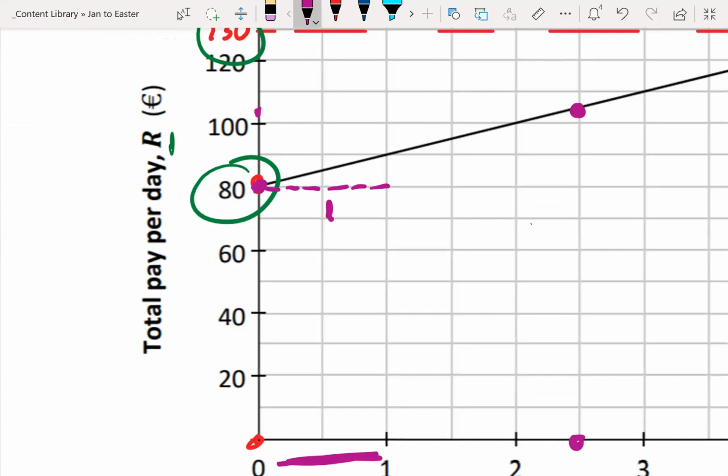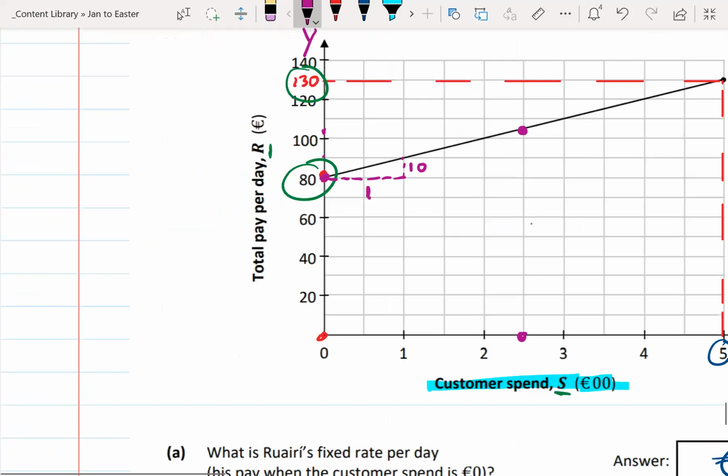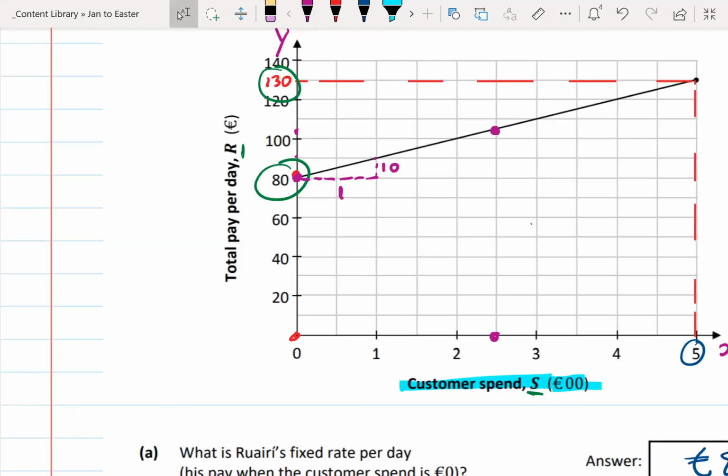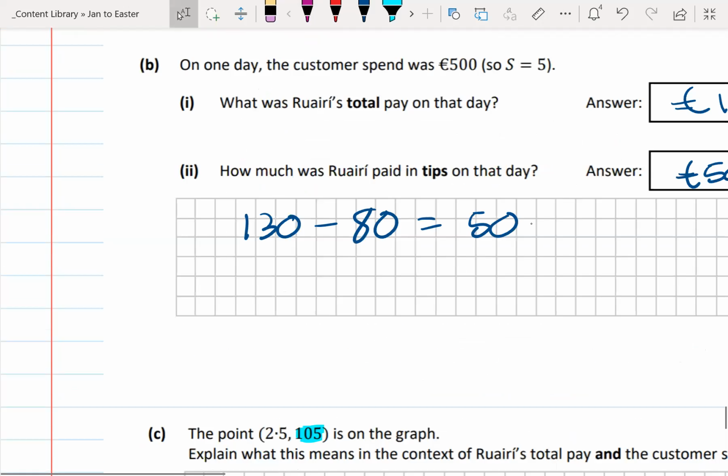Then what's the rise? This bit. It's from 80, that's 90 there. So it rises 10. Don't forget that the slope is the rise over the run. Let's do that down here in the space they've provided.